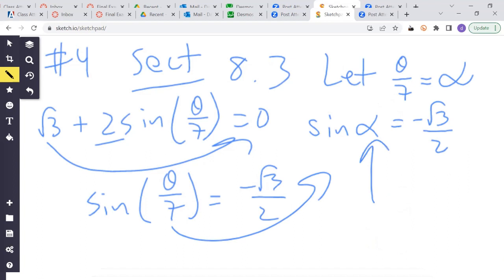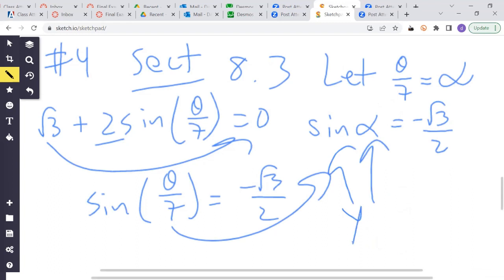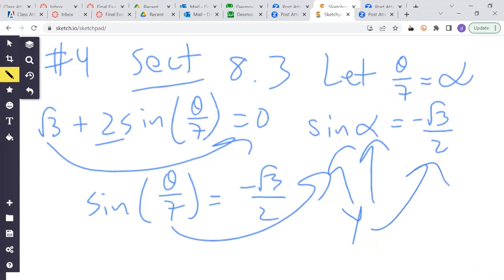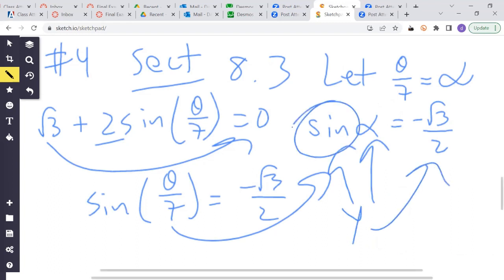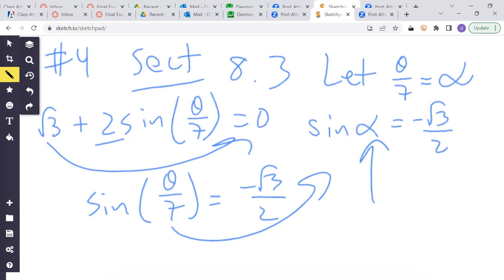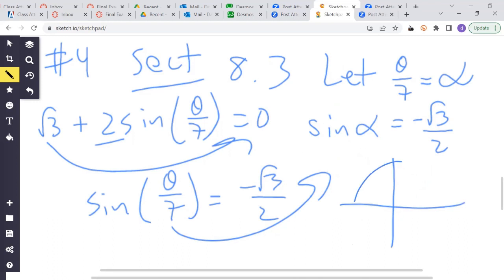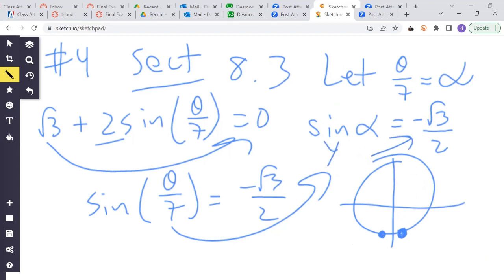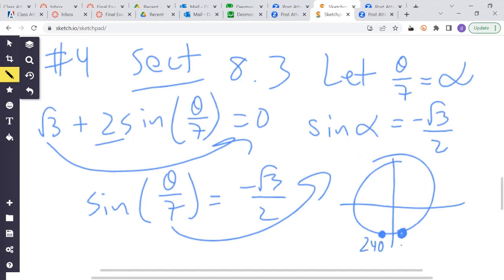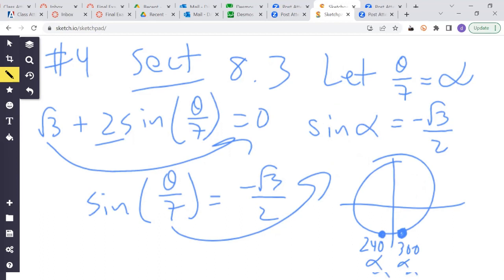It's an angle where sine, or the y-coordinate, is this number. So where is the y-coordinate that? Unit circle. I think it happens here, and I think it happens there. Because at these locations, the y-coordinate is this number. So alpha has two possibilities, 240 or 300. So these are the possibilities for alpha.